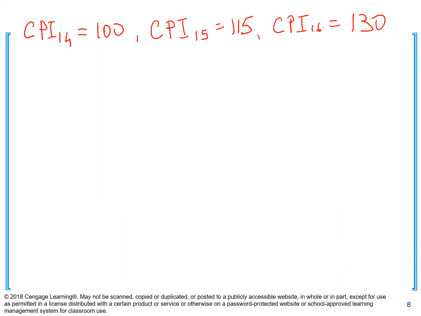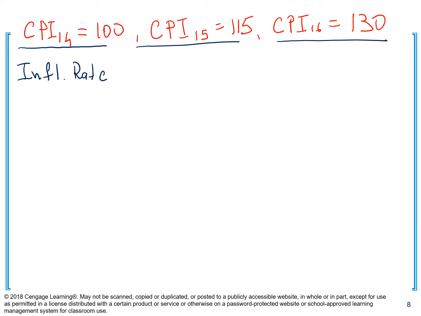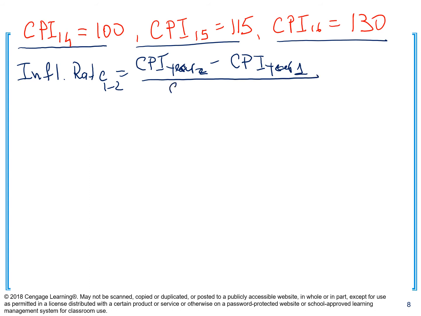One last thing in this video. So here are our CPIs that we just calculated. What are we going to do? We're going to use this in order to calculate the inflation rate. And the inflation rate, I'm going to write down the regular formula between year 1 and year 2: CPI year 2 minus CPI year 1, divided by CPI year 1.